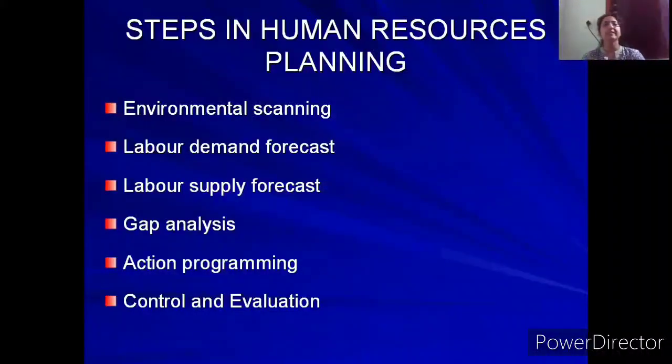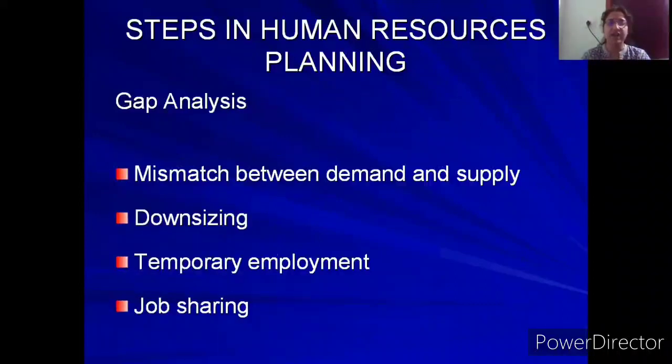Moving on to the 4th step in human resources planning, you have something known as gap analysis. What we understand by gap analysis over here is, based on the forecasting of labor demand and the forecasting of labor supply, that is, based on the 2nd step and the 3rd step, a gap analysis will be made.